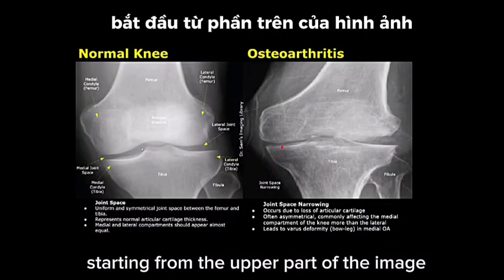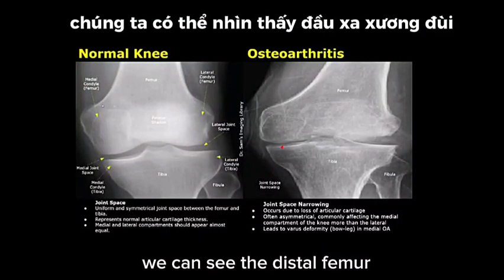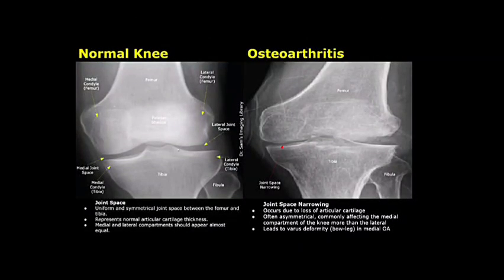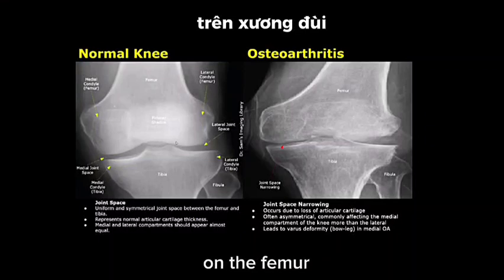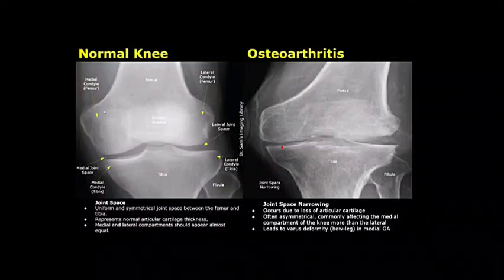Starting from the upper part of the image, we can see the distal femur, which forms the upper portion of the knee joint. On the femur, there are two rounded bony prominences called condyles.